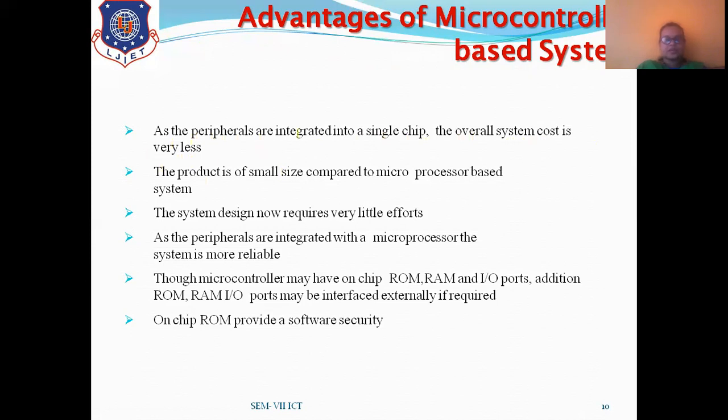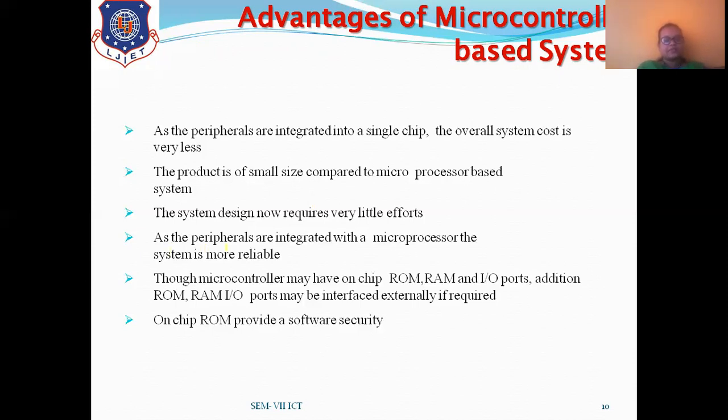As we have discussed, in a microcontroller all the peripherals as well as memory are mounted on a single chip, right? So the system cost will be less. As the PCB size is small, the product size is also small, right? And the system design will also require little effort, as all are assembled on a single chip, right?